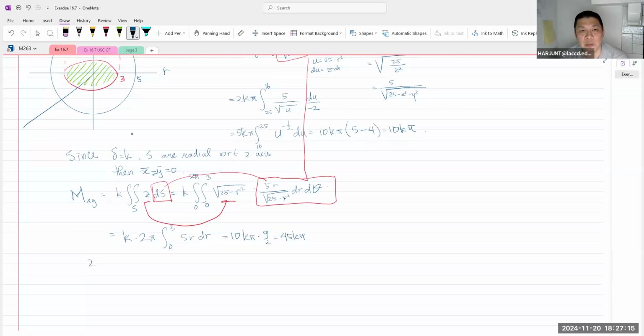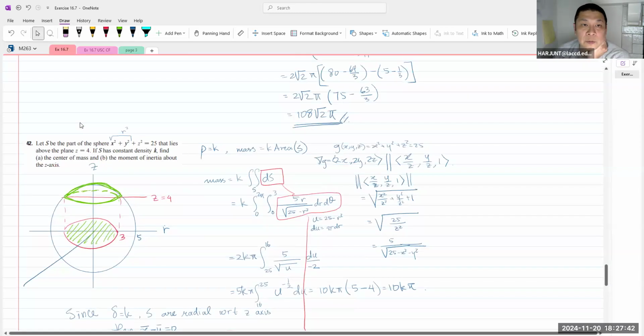Therefore, the z bar will be 45k pi over 10k pi, that's 4.5. So the center of mass, the centroid in this case because the density is constant, will be (0, 0, 4.5). Okay, that's the center of mass. That's for part A.